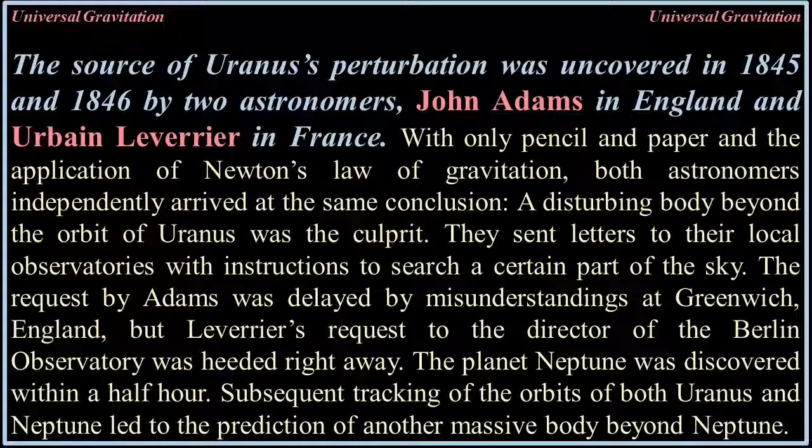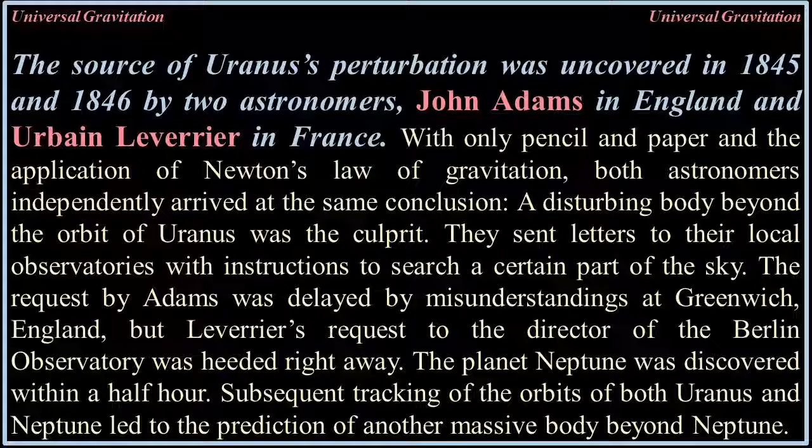A disturbing body beyond the orbit of Uranus was the culprit. They sent letters to their local observatories with instructions to search a certain part of the sky. The request by Adams was delayed by misunderstandings at Greenwich, England, but Le Verrier's request to the director of the Berlin Observatory was heeded right away. The planet Neptune was discovered within half an hour.